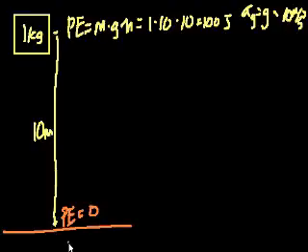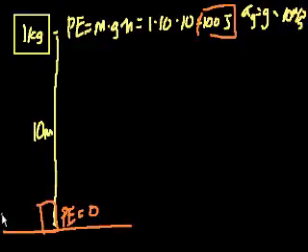And that something else is kinetic energy. Since it has no potential energy, all of this 100 joules that it has up here is now going to be converted into kinetic energy. And we can use that information to figure out its velocity right before it hits the ground.